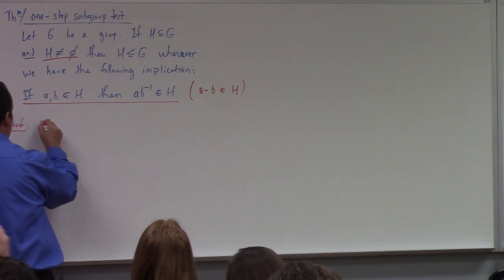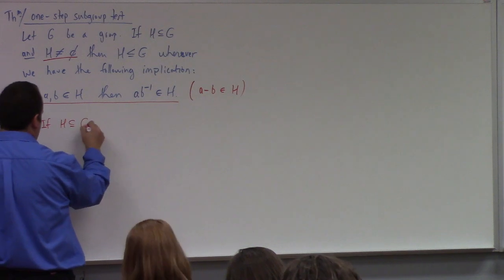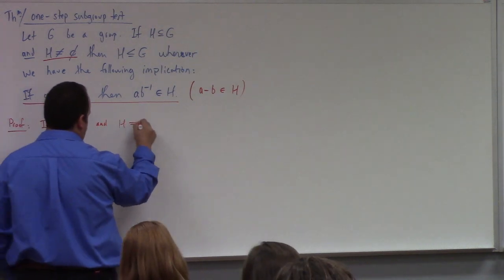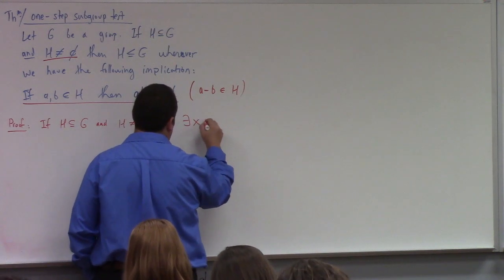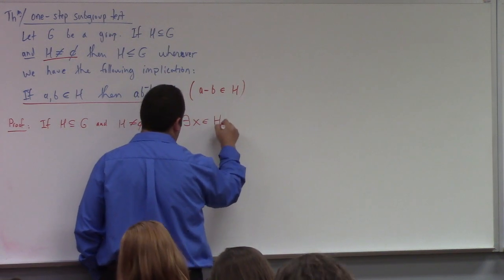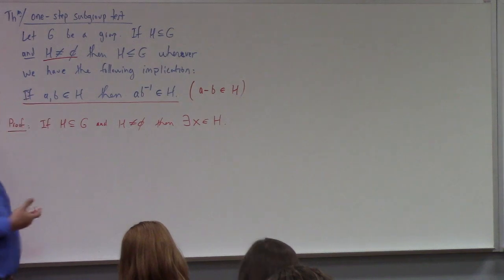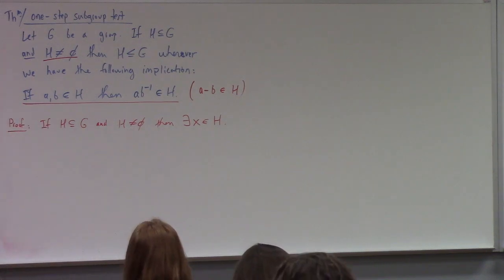So if H is a subset of G and H is non-empty, then there exists X, let's say, in H, right? If it's non-empty, there's at least one element. Correct?